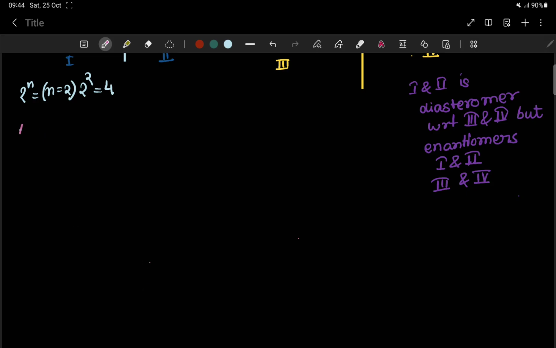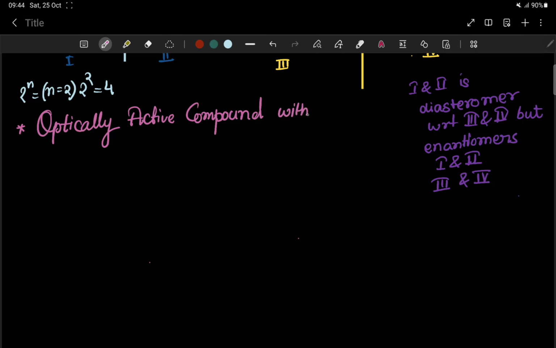Okay, so make a heading for it: optically active compound without chiral or asymmetric carbon atom.